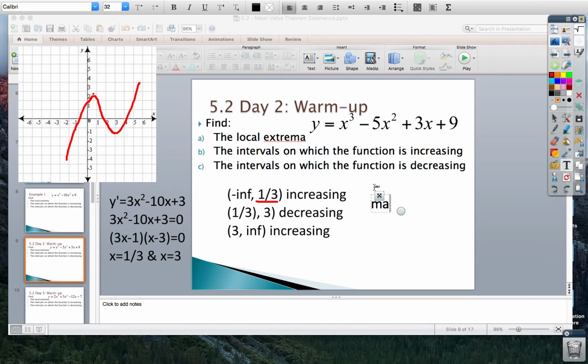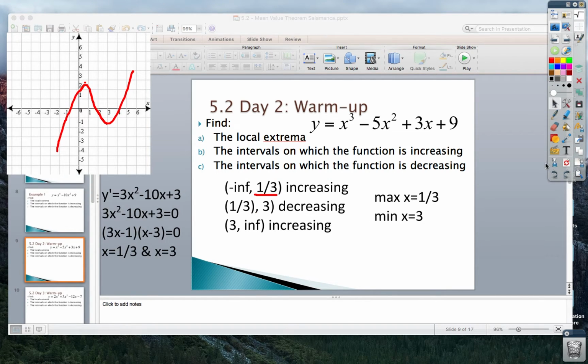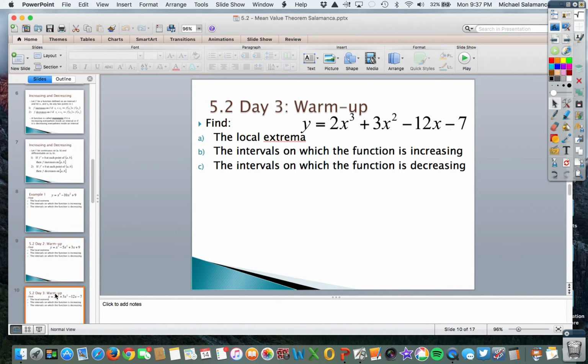So we know that our maximum is at x equals 1/3, and our minimum is at x equals 3. So now we found our increasing, decreasing values and our local extrema. So hopefully this is getting easier. If not, let's try another quick problem.